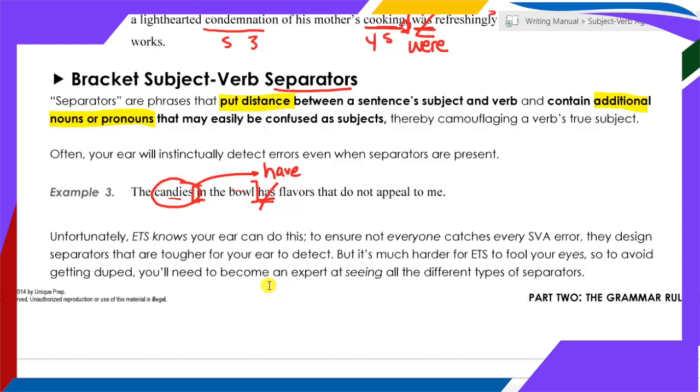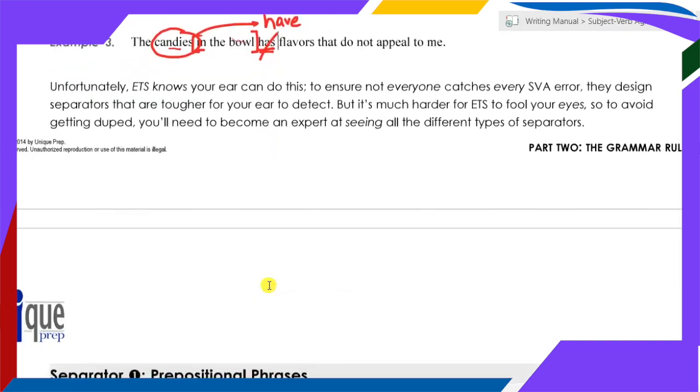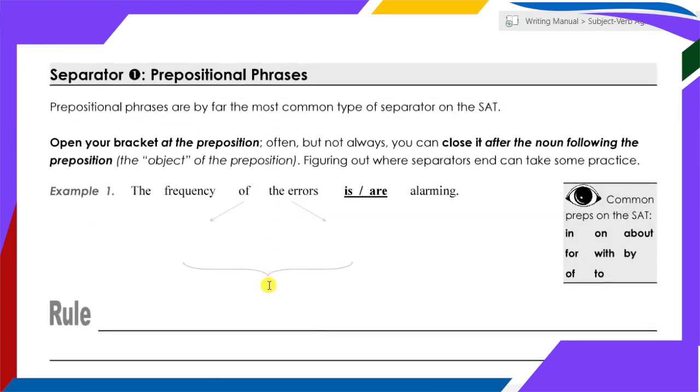They're going to make it very difficult for your ear to detect the error, but you can get around that difficulty by learning visually to spot your separators, to know what separators look like and spot them with your eyes rather than your ears.